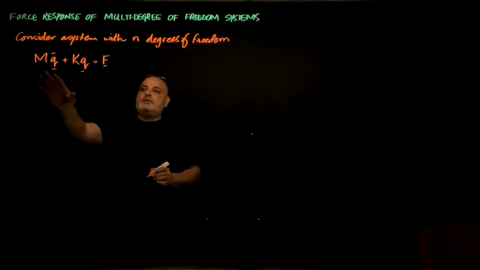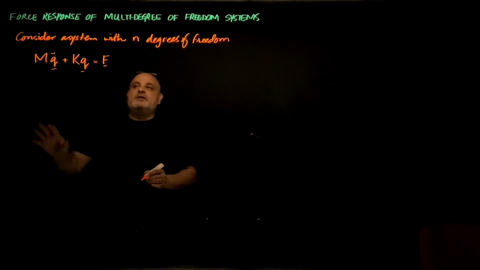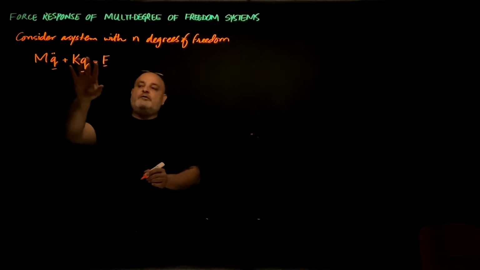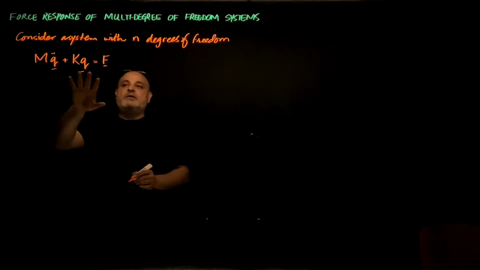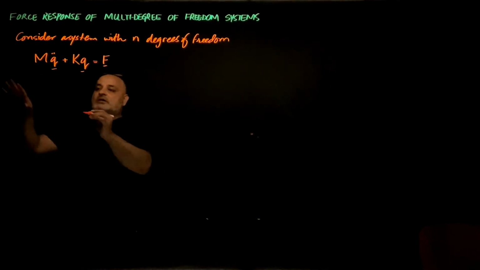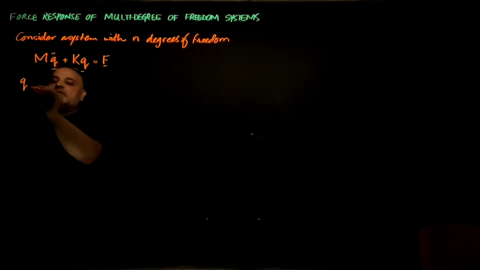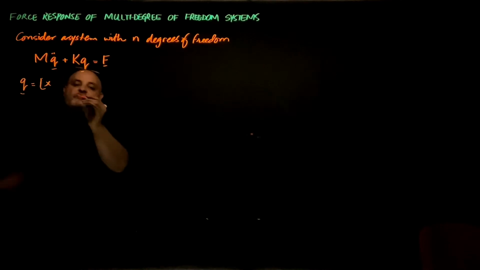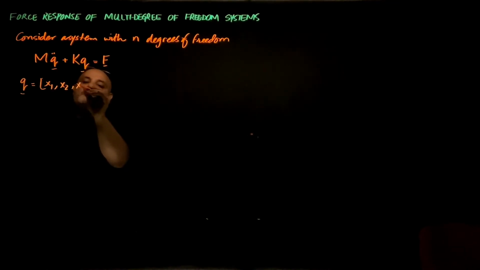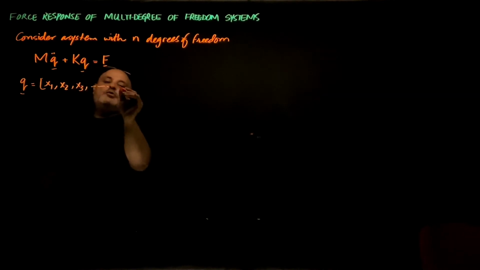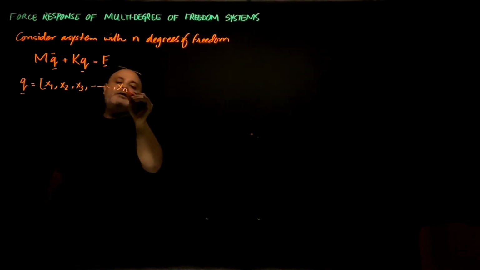Now, this equation represents a system of differential equations. They are all coupled. The q vector is basically the vector of generalized coordinates x1, x2, x3, all the way to xn.